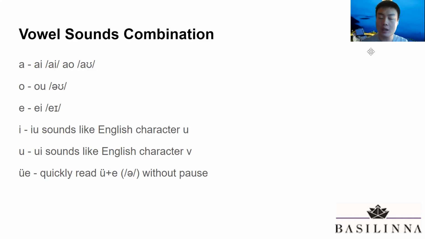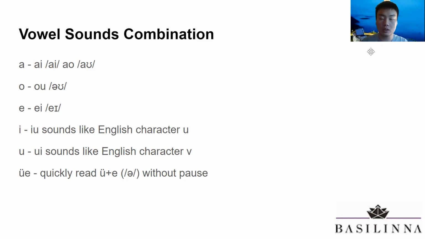That would be yue, but do not worry. I believe that you have mastered the yu, so let us just quickly read yu and e together without pause, yue. So this is yue. Okay, let's review again. First one, starting from a would be ai.